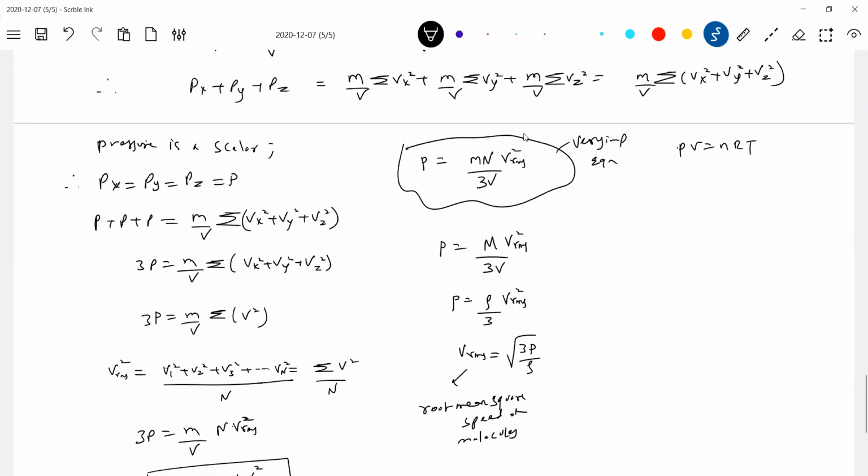Let me introduce all this here. V is the volume of gas. PV equal to nRT. Therefore PV equal to what we know, mn by 3 vrms square. So shall I write nRT?